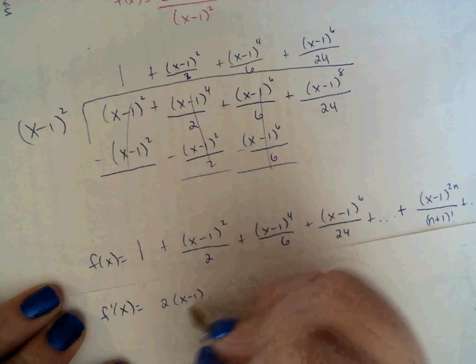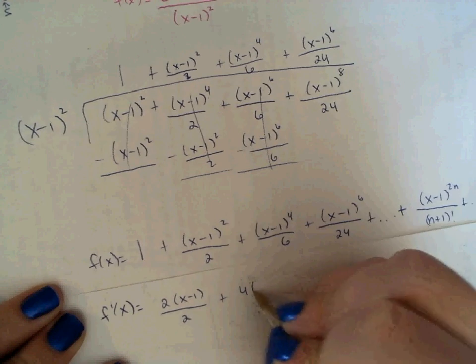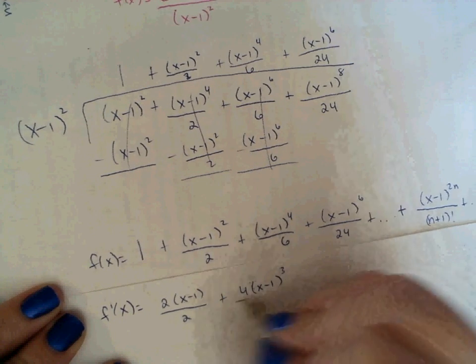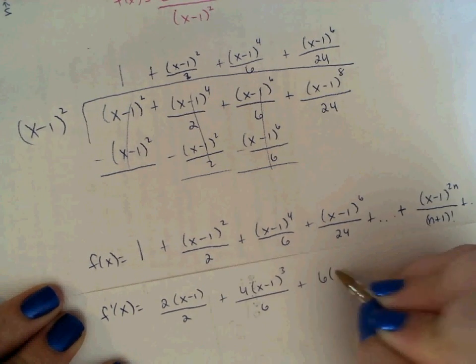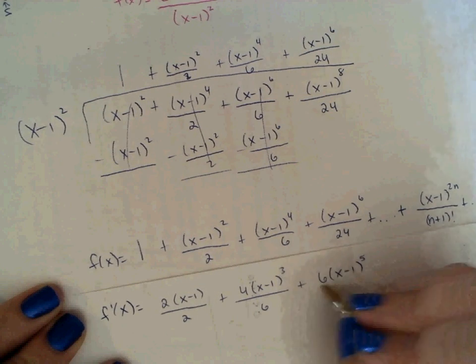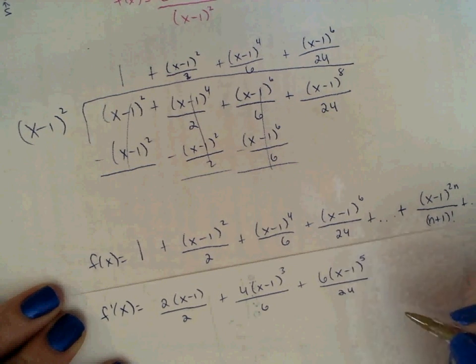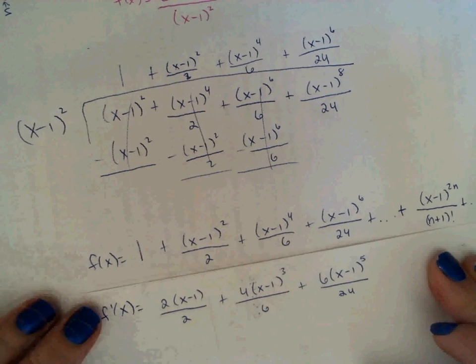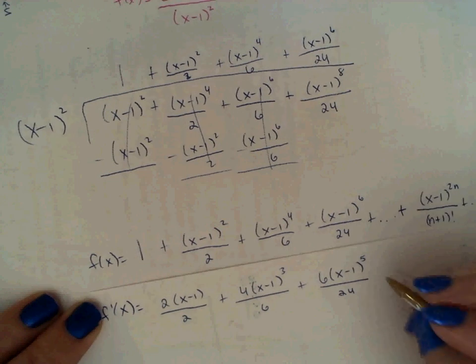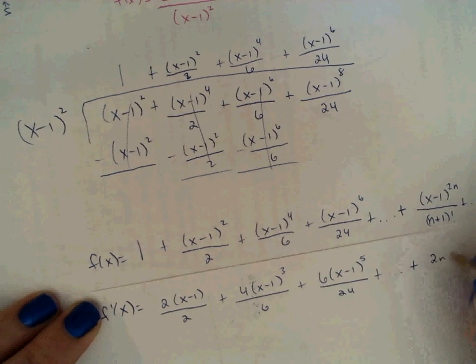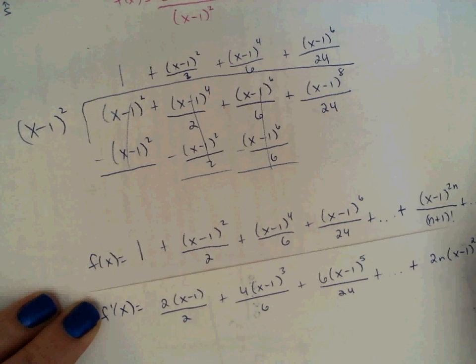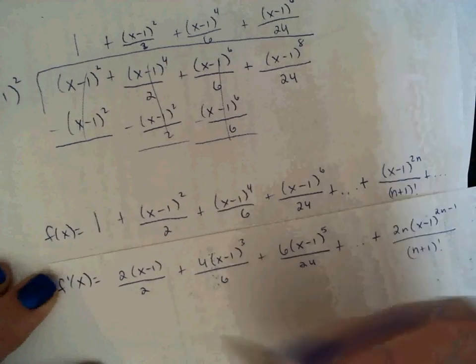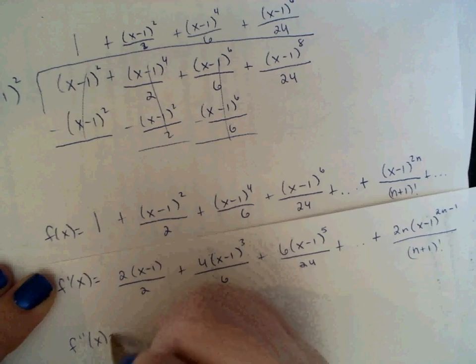Okay, so f prime of x equals, if I bring that down, 2 times (x minus 1) over 2, plus 4 times (x minus 1) cubed over 6, plus 6 times (x minus 1) to the 5th over 24. In general, 2n times (x minus 1)^(2n minus 1) over (n plus 1) factorial.